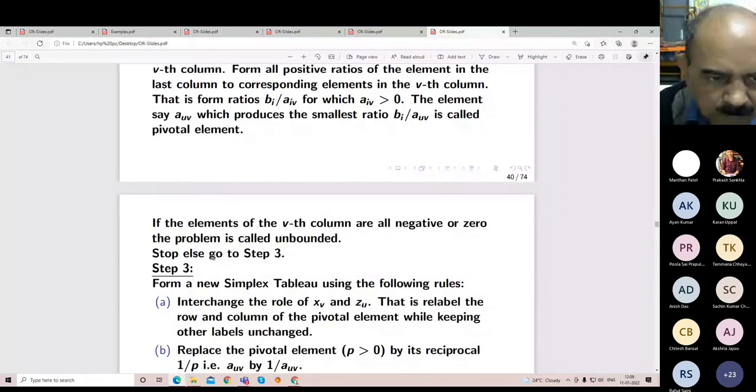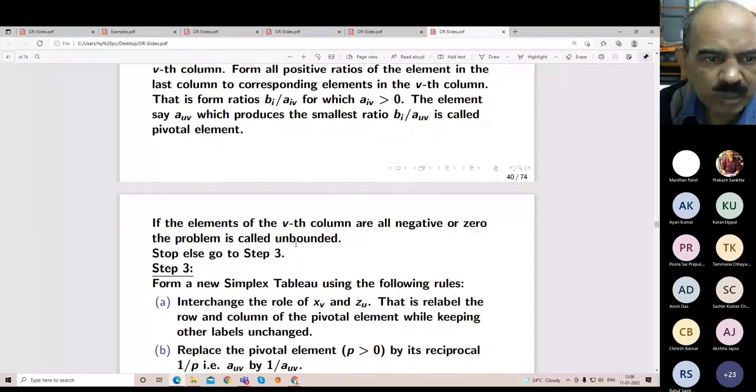If the elements in the bth column are negative or 0, in case you find the elements in the bth column are either negative or 0, the problem is called unbounded. So there we will stop.